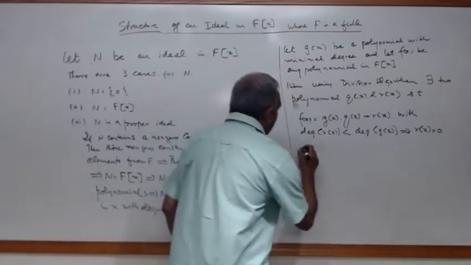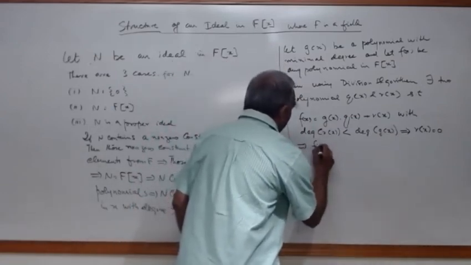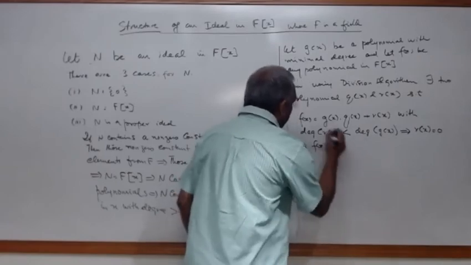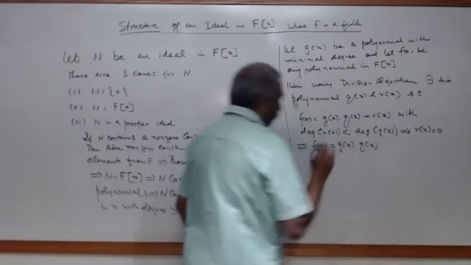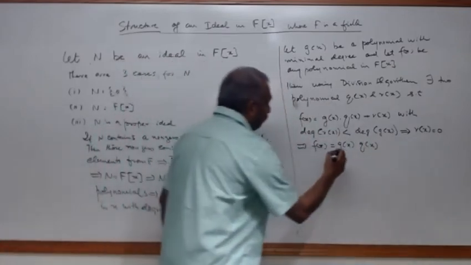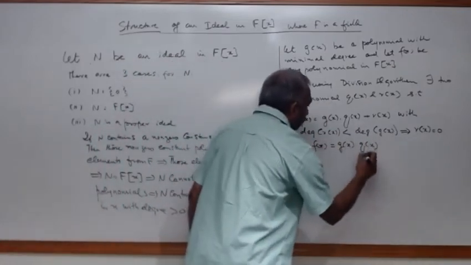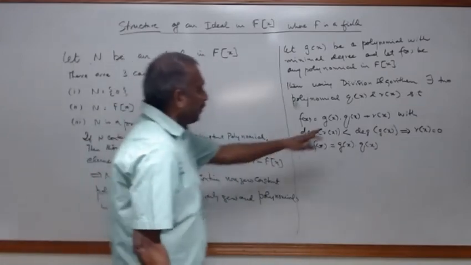So this implies f(x) = g(x)q(x), because r(x) is equal to 0.